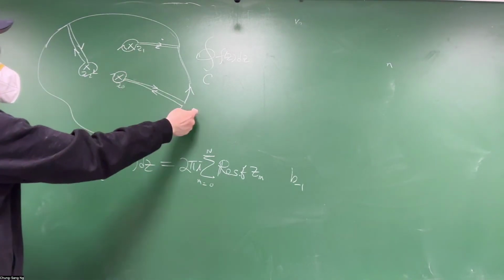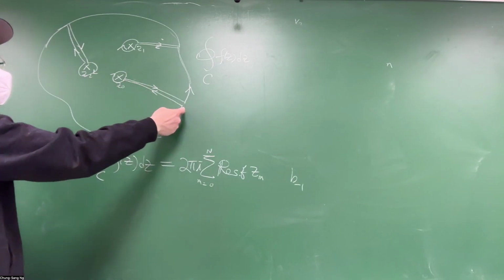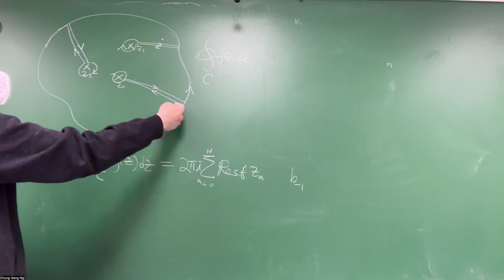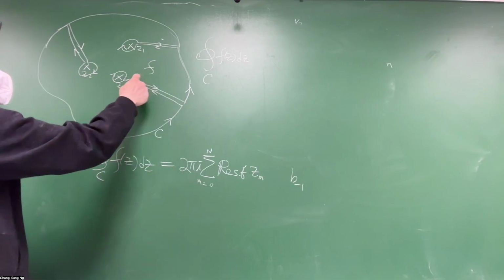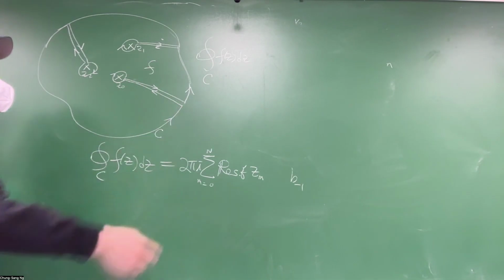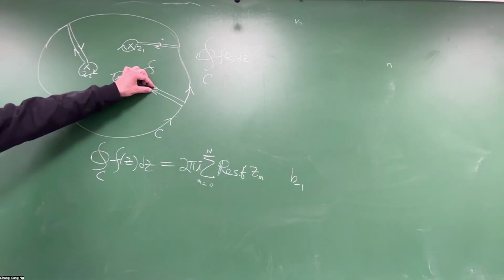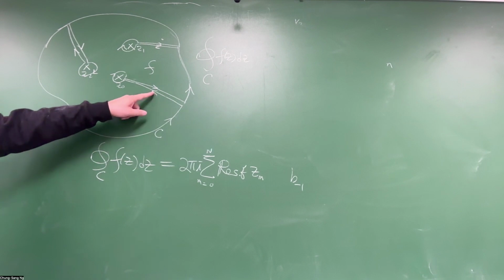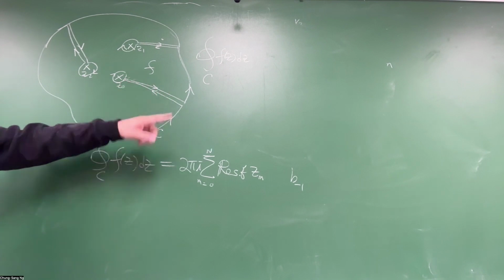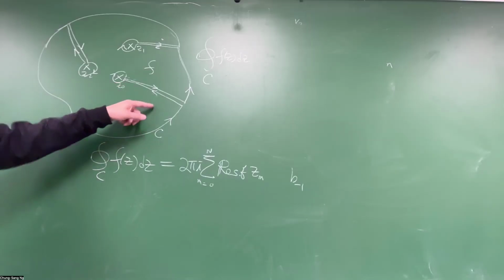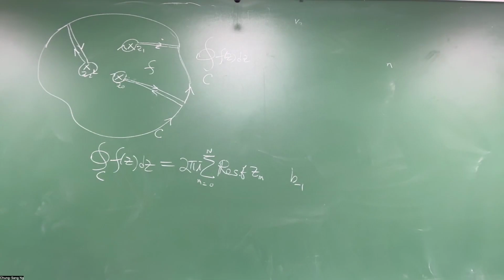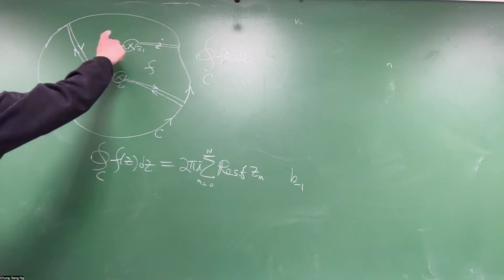We have these parallel segments, but they pretty much cancel each other. You don't actually need to consider these two because the function f is analytic and therefore continuous. So when you get infinitesimally close and it's not multi-valued, the two line integrals cancel. So you don't need to consider all these strips going in and out. All you need to consider is all these little circles.